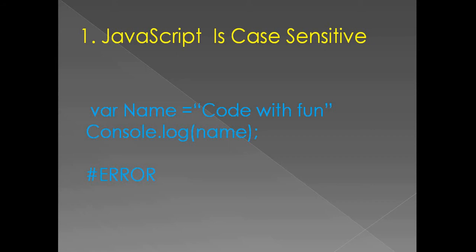For example, if you create a variable called name with a capitalized N and then try to reference it with a lowercase n, JavaScript sees them as two completely different things and you get an error. Case sensitivity matters everywhere except inside the quoted strings of text.